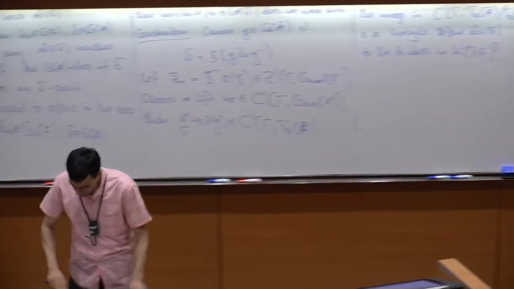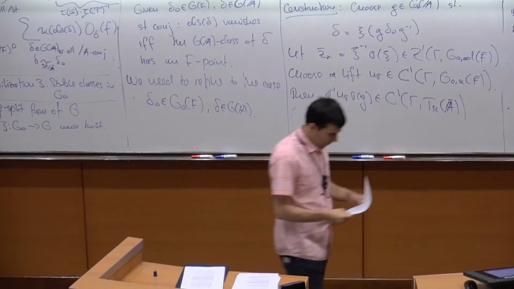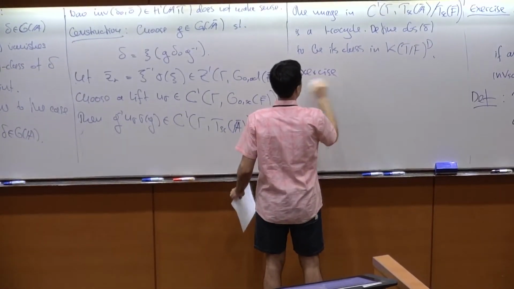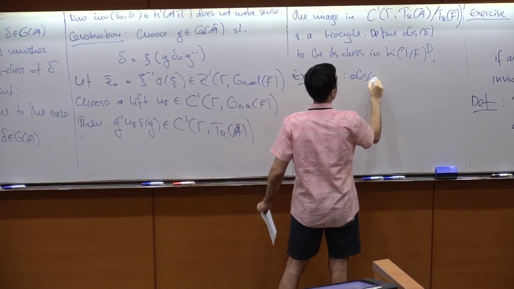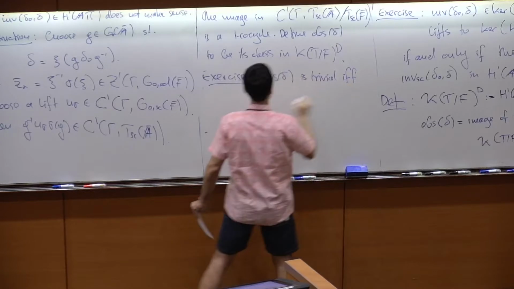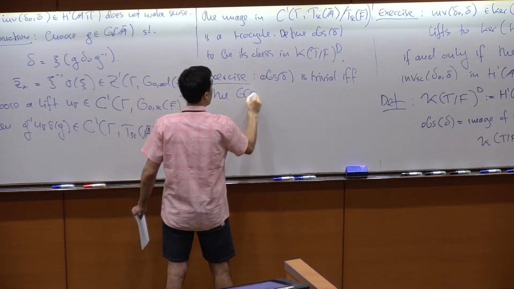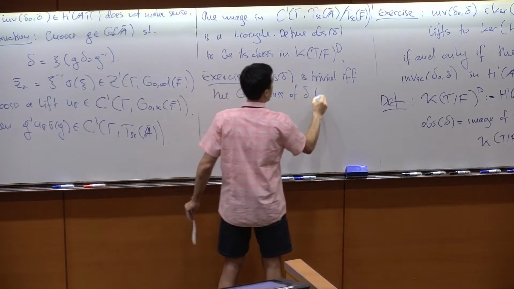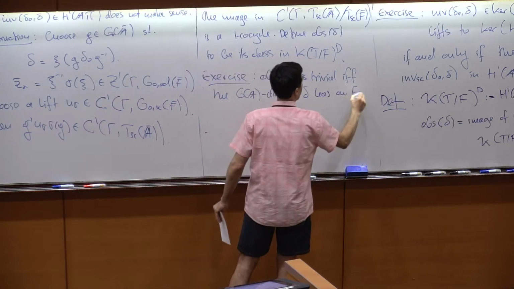And so now we're basically done. Again, we have the exercise, which says ops delta is trivial if and only if the G(A) conjugacy class of delta has an F point.